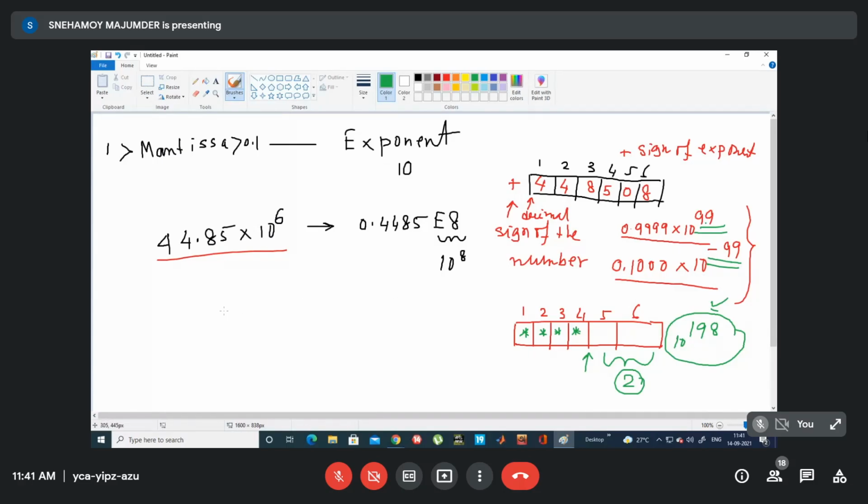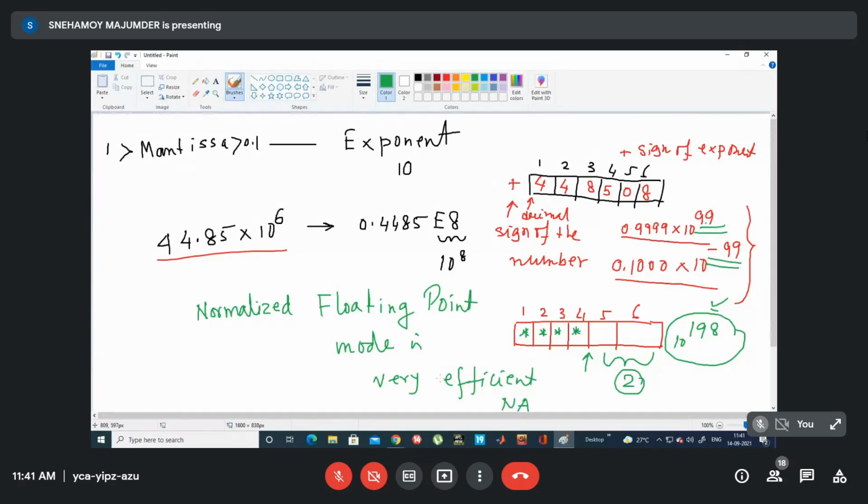So my normalized floating point mode is very efficient in numerical analysis, and therefore we will always use this mode.